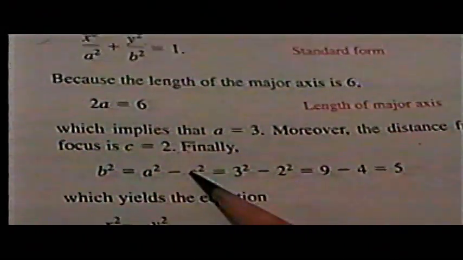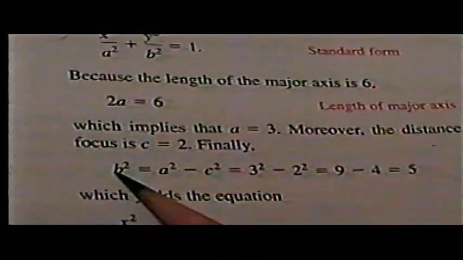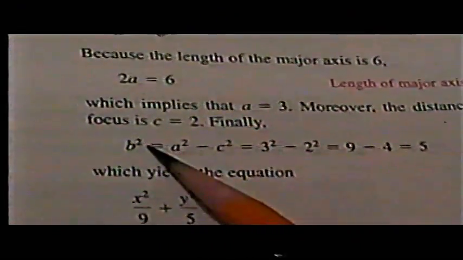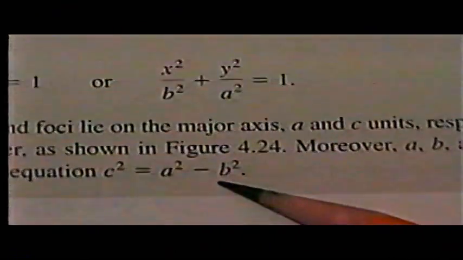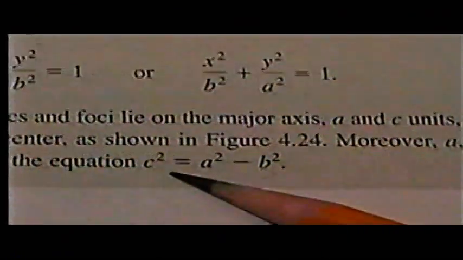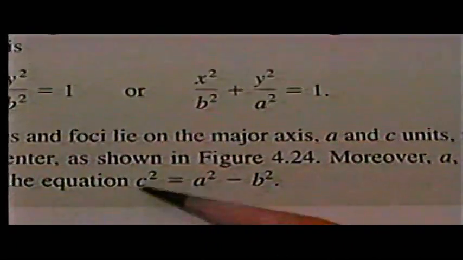So we use that formula, and we can find b. If we solve the formula for b squared, we get b squared equals a squared minus c squared. Take the same formula, and to solve for b squared, we subtract a squared from both sides, giving c squared minus a squared equals negative b squared.